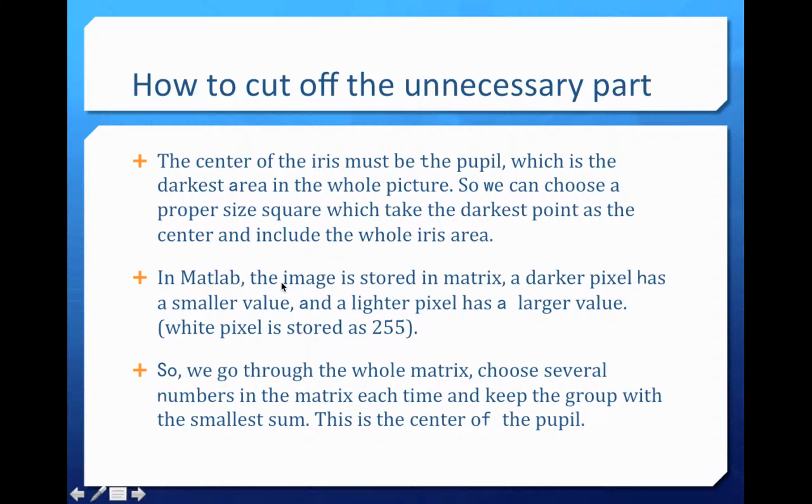In MATLAB, the image is stored in a matrix. A darker pixel has a smaller value and a lighter pixel has a larger value. For example, a white pixel is stored as 255.